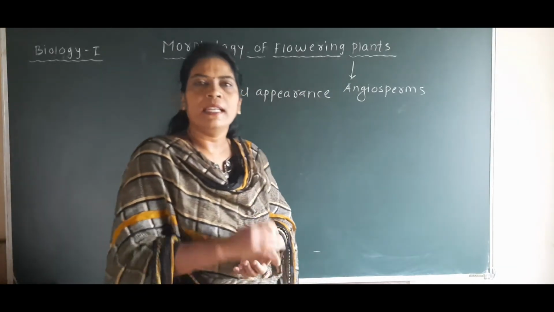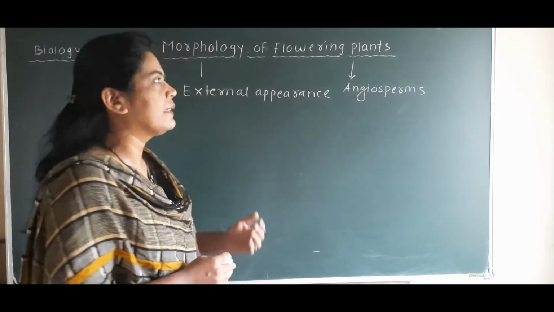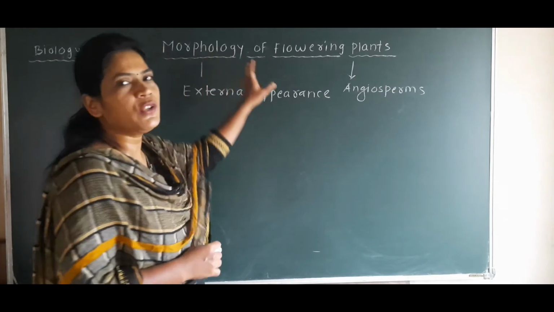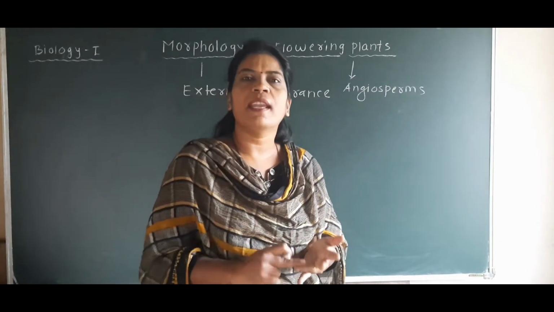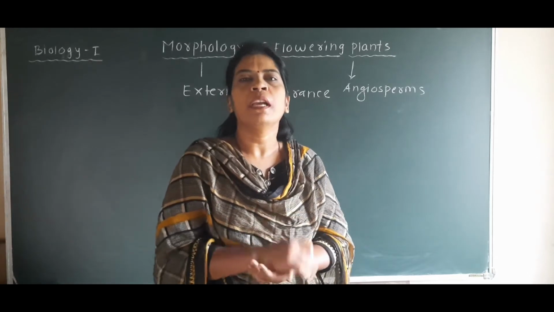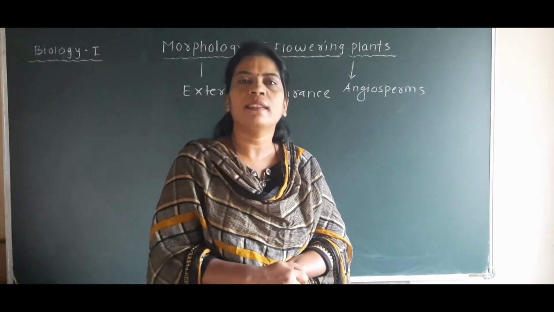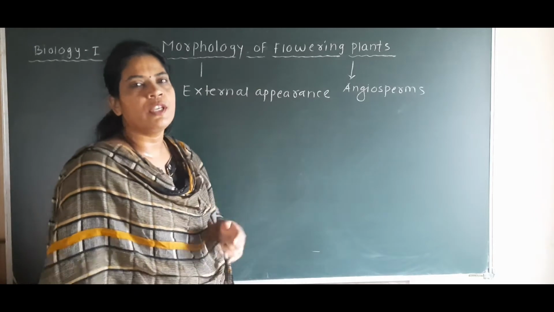So here in this chapter we are going to discuss the morphology of the flowering plant, meaning the root, stem, leaves, flower, fruits. Each part we have to discuss in detail in this morphology topic.